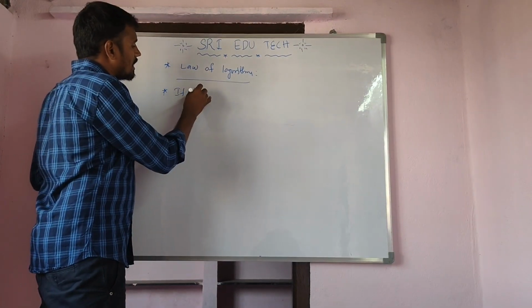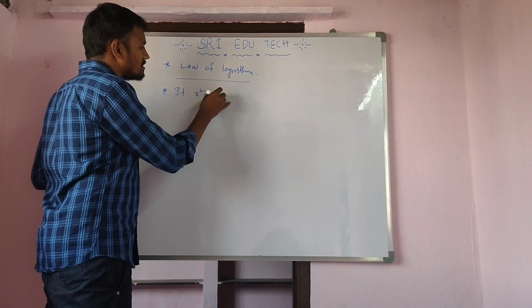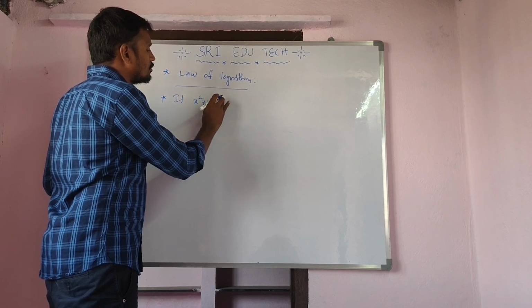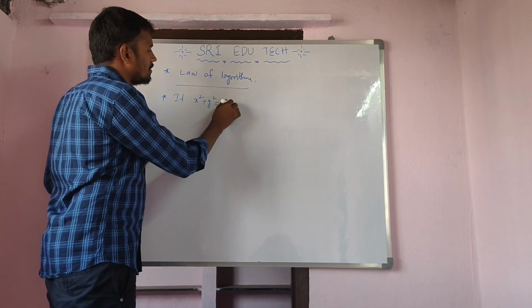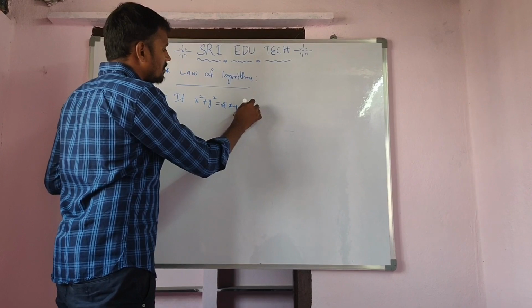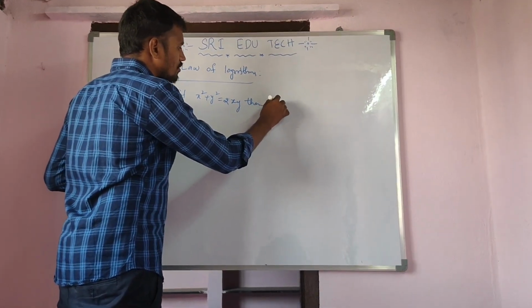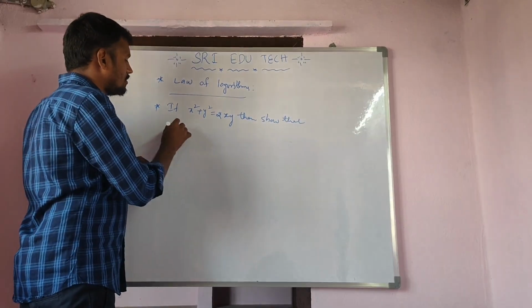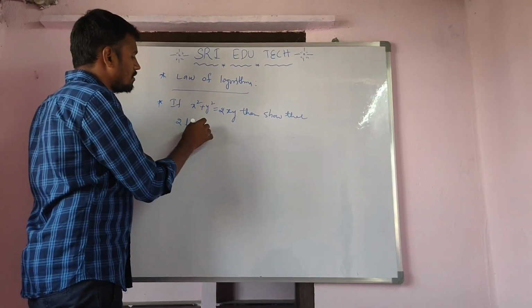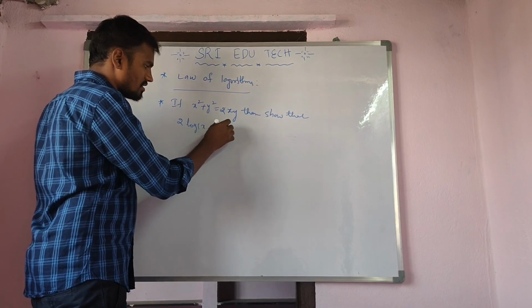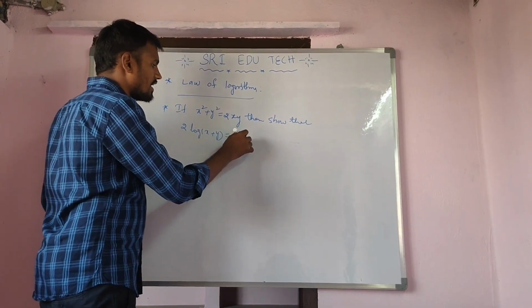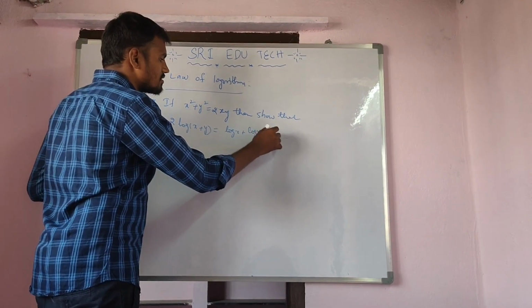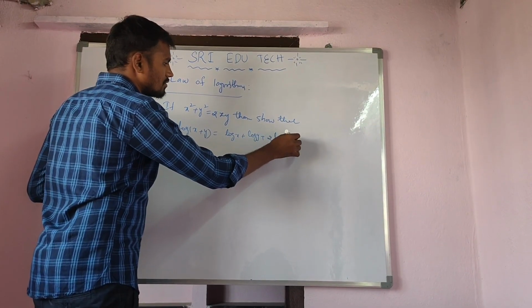If x square plus y square is equal to 2xy, then show that 2 log of x plus y is equal to log x plus log y plus 2 log 2.